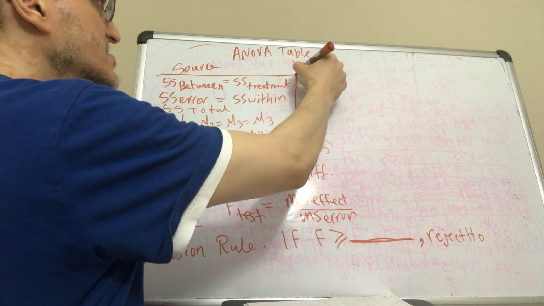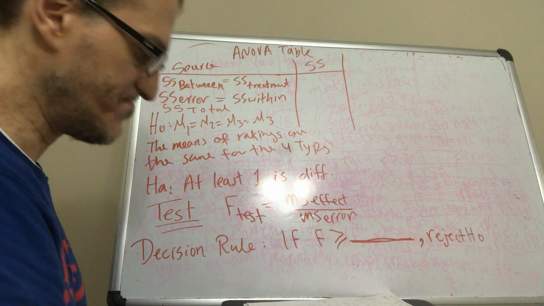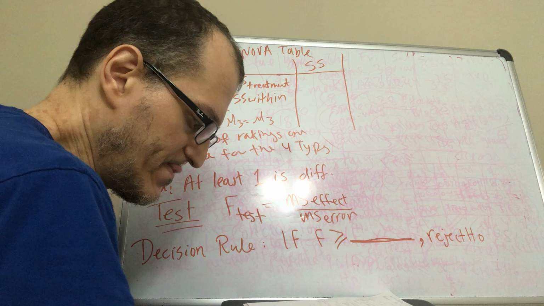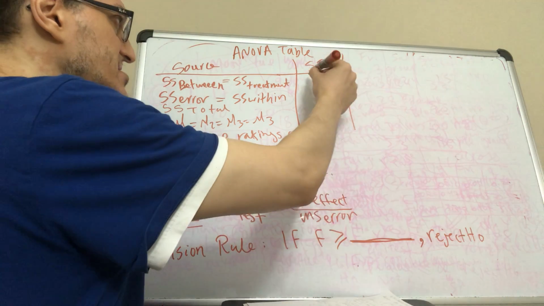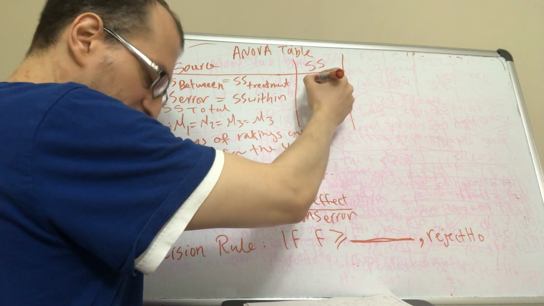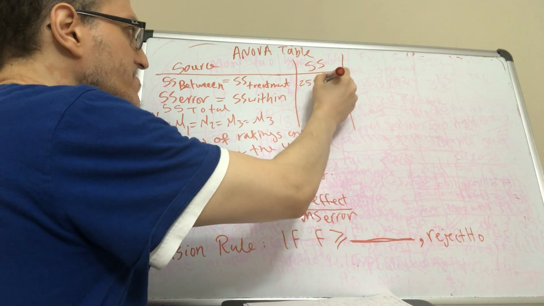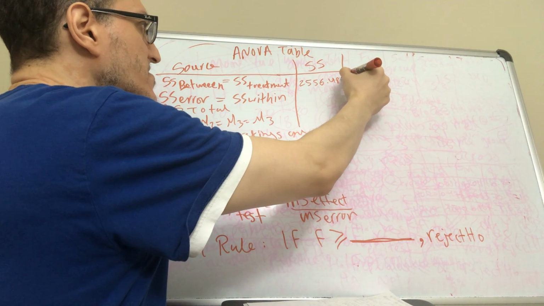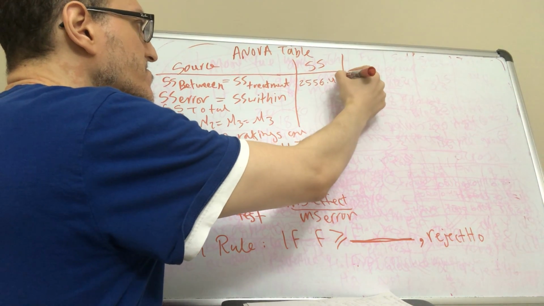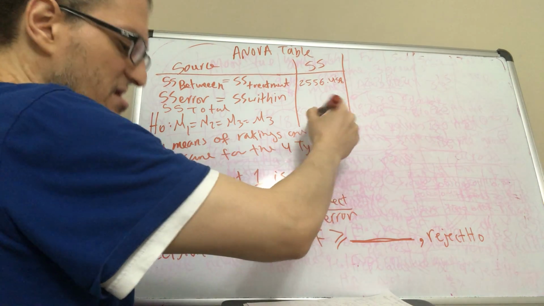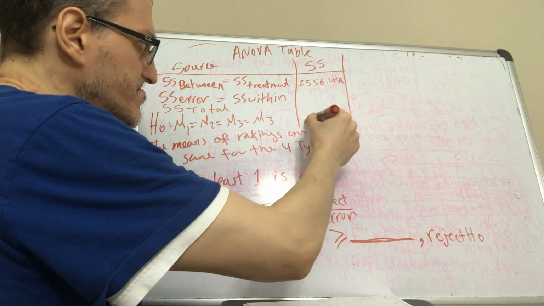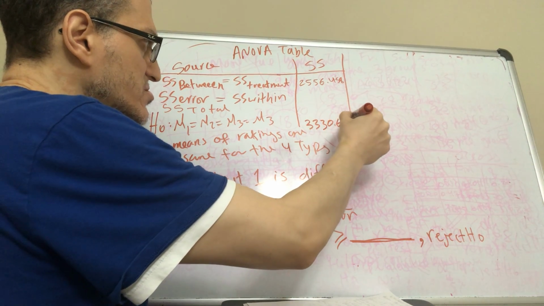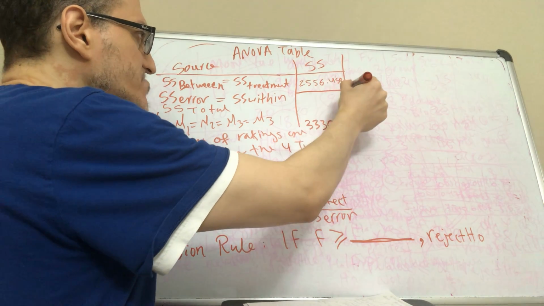The value of the SS will be given. In the table here, you're given all 3. But she will give you 2 of them. She might give you the first one, say 2556.4583, and maybe the last one, 3330625, and this would be missing.